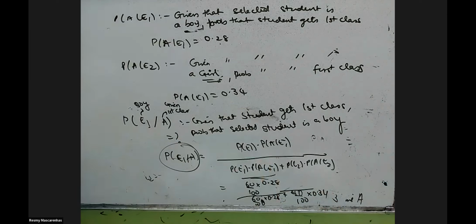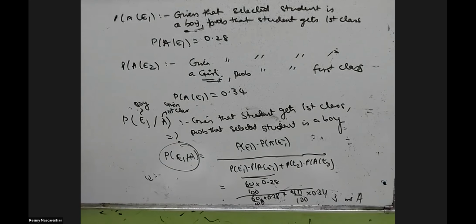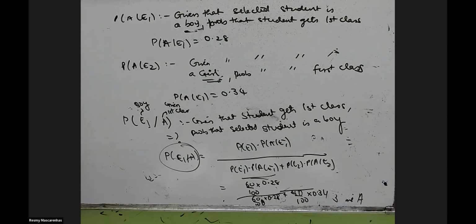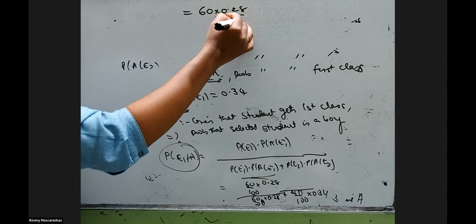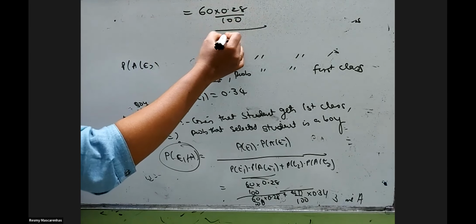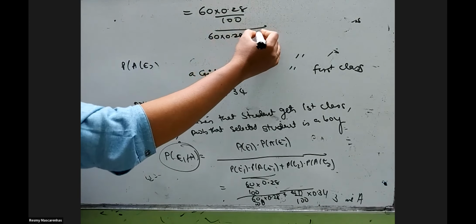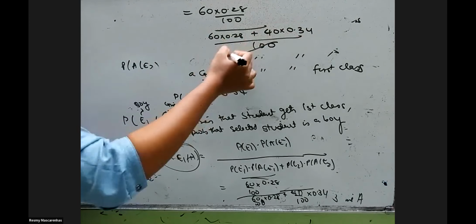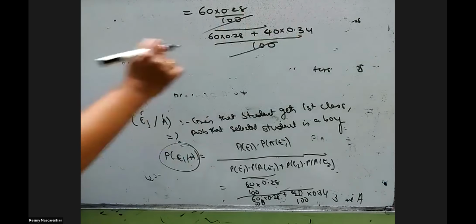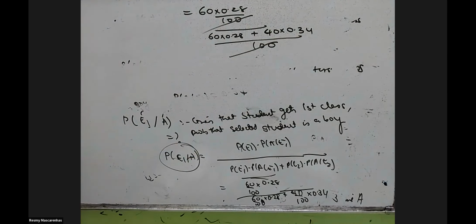Then calculate. Make 100 common everywhere. 100 will cancel. Okay, then calculate and write down. So that will be 0.16 to 0.28. Multiply and write your answer. Calculate. This will be 2.8 into 6.